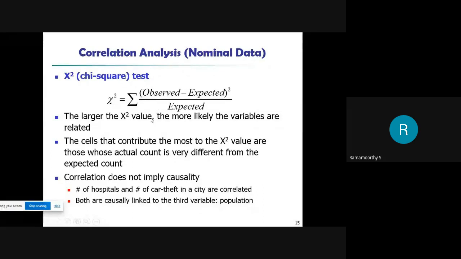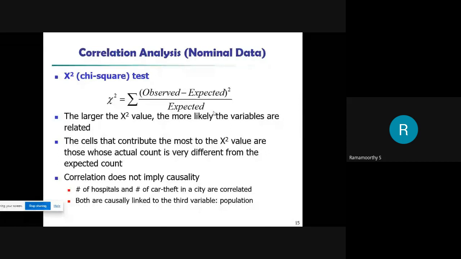The formula is given here: X square is equal to the summation of observed minus expected, the whole square, divided by expected. So the difference between observed and expected is squared and divided by expected. The larger the X square value, the more likely the variables are related.